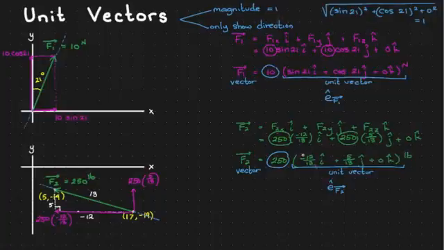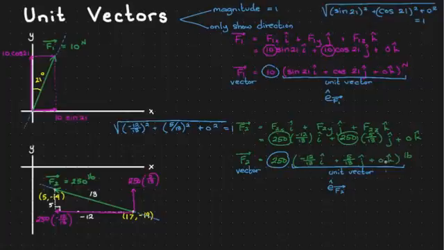Can we prove that the magnitude of this unit vector is equal to 1? Why don't we just take the length of that vector? The length of that vector would just be the square root of negative 12 over 13 squared plus 5/13 squared plus 0 squared, and indeed that is equal to 1.